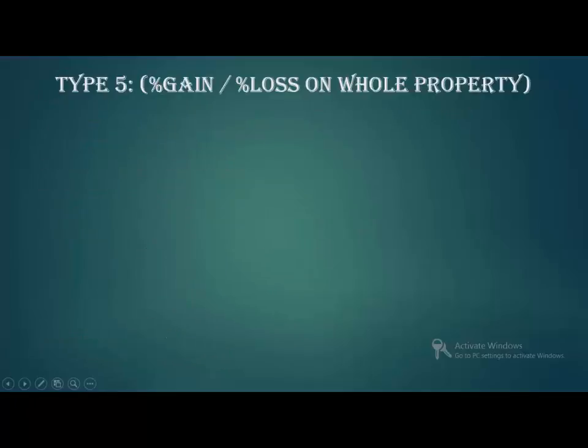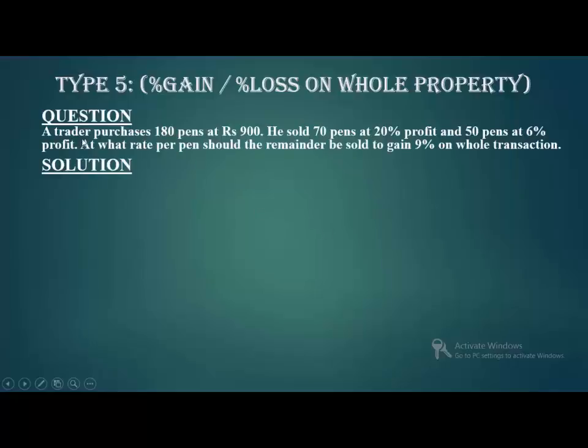Now this is another type of problem in which the percentage gain or percentage loss on the whole property or the whole transaction is given, and we have to calculate various parameters. Suppose a trader purchases 180 pens at rupees 900.